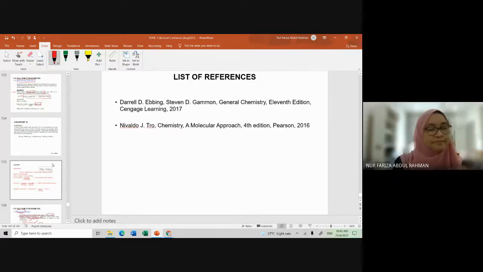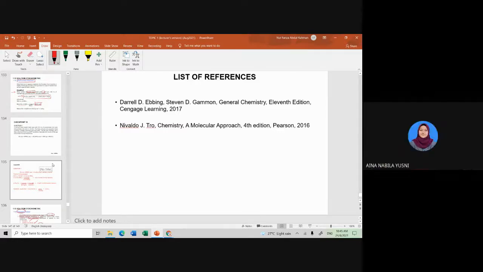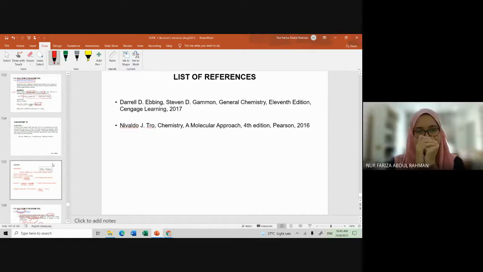Madam, when we write the balanced equation, do we need to state whether it is aqueous or solid? If the information is provided, that means you have to include it. The good practice is to include it. But for topic 1, it's not insisted.